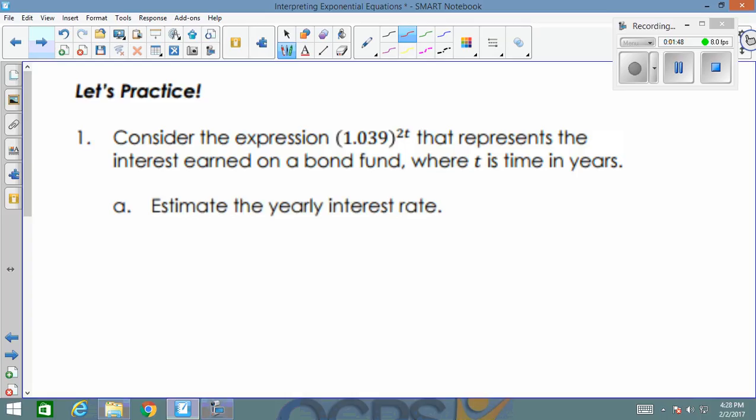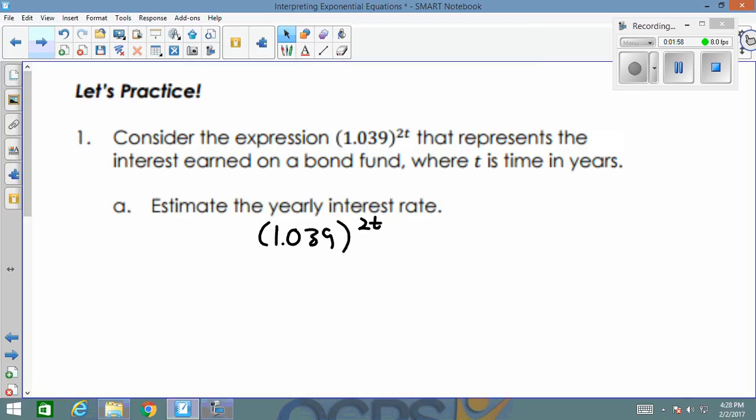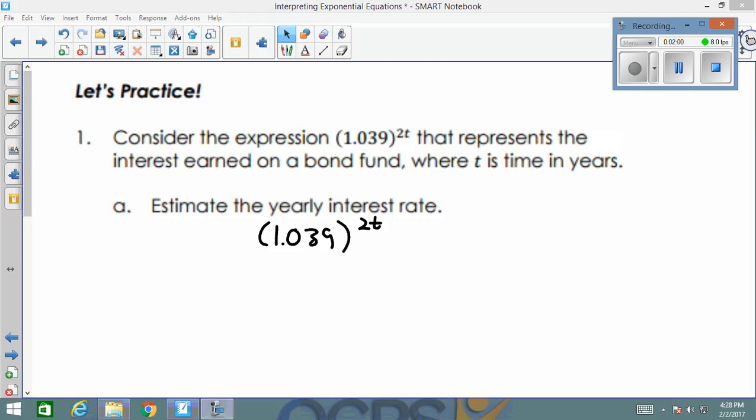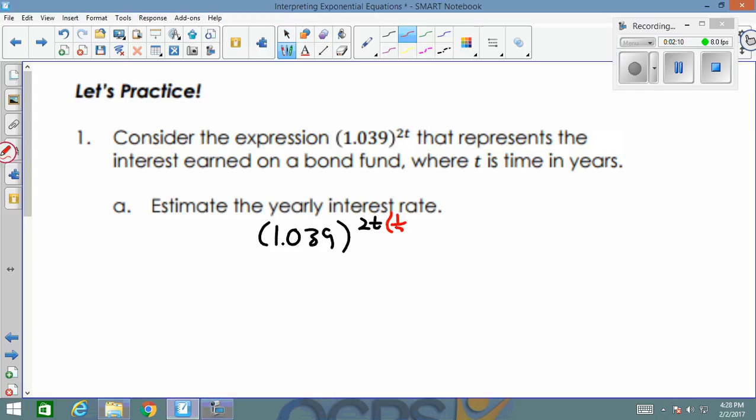Alright, so it says, I have the equation 1.039 to the 2t. And what it's asking us to find is the yearly interest rate. So right now that number is 2, and we need the number in front of that t to be 1. So to get rid of this 2, we're going to multiply by 1/2.